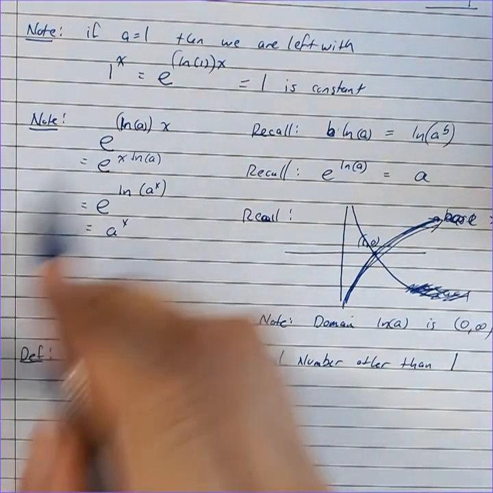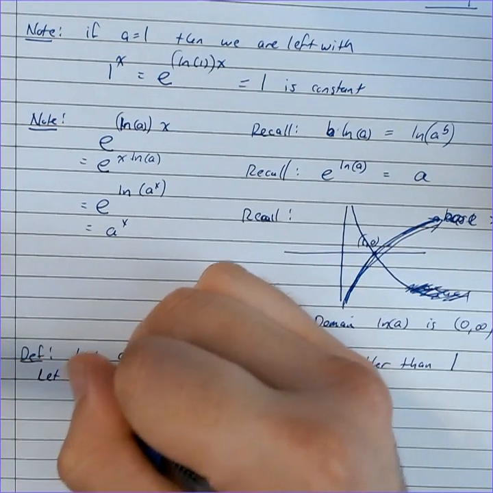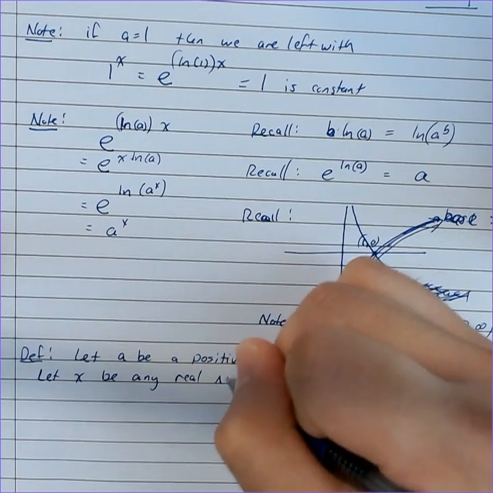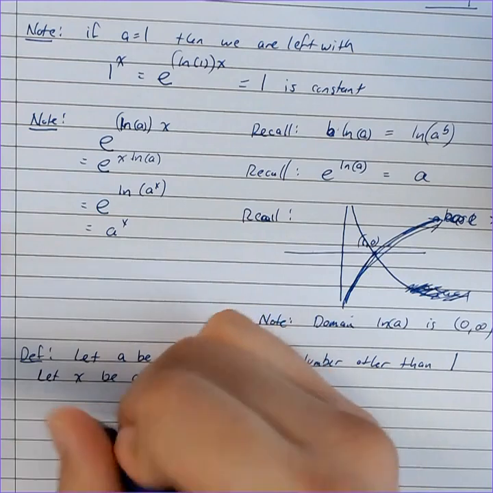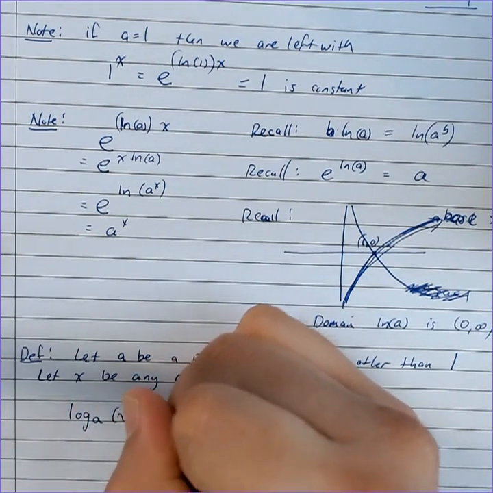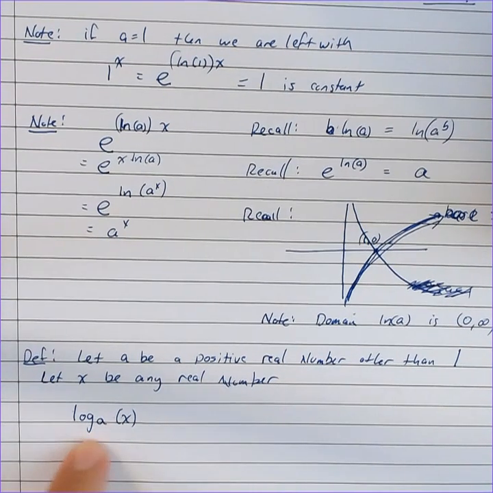Okay. And just like before, we're going to let x be any number we like. Let x be any real number. Okay. The logarithm, base a, of x, and that's how we're going to do that. We're going to denote our new base as a subscript of our logarithm.